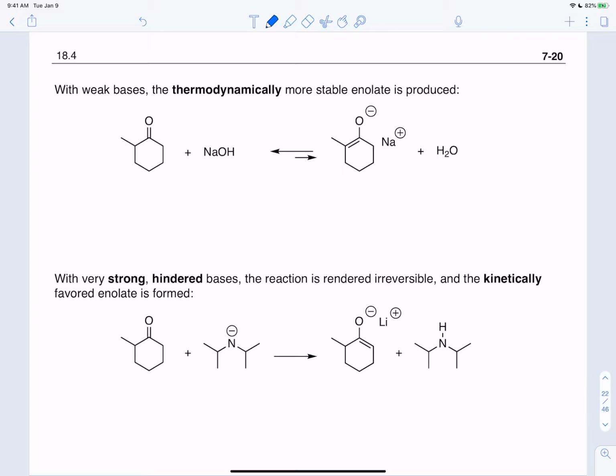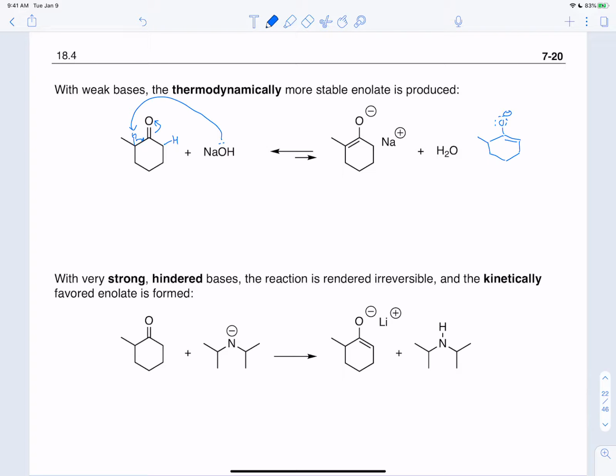As I mentioned before, with weak bases, this equilibrium is happening rapidly. It's going back and forth. So we're able to have sodium hydroxide take this hydrogen and make an enolate, such as the enolate shown. But since this is going forwards and backwards all the time, it potentially could also take the other hydrogen, and this would lead to an alternative enolate.